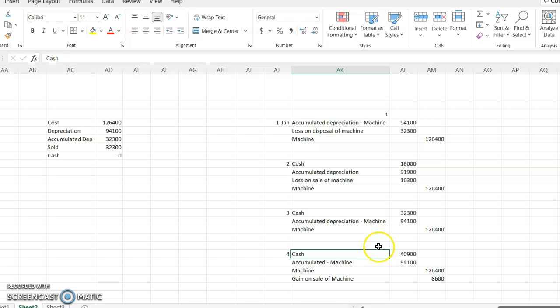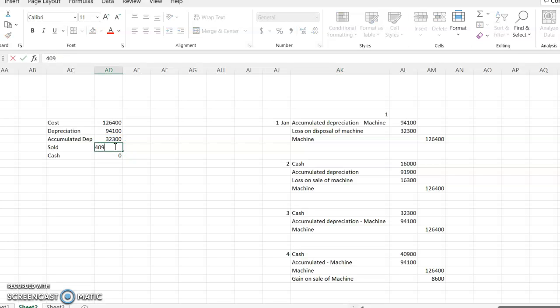Number 4, they sold it for $40,900. So we're going to go up here and change this to $40,900. And instead of a minus here, we're going to change our formula, and we're going to equal this cell minus the depreciation, and it's going to be a positive $8,600.